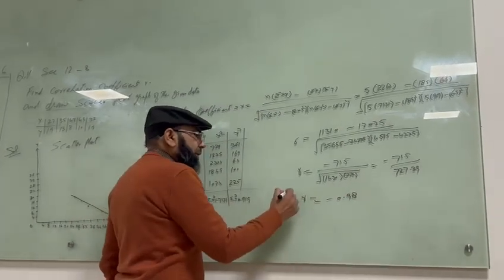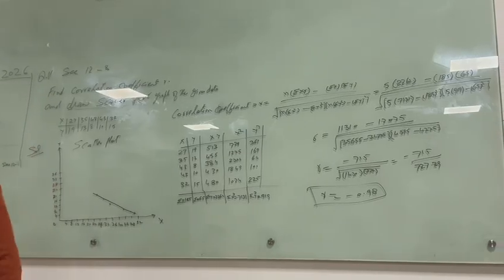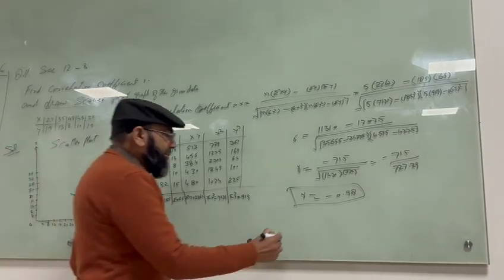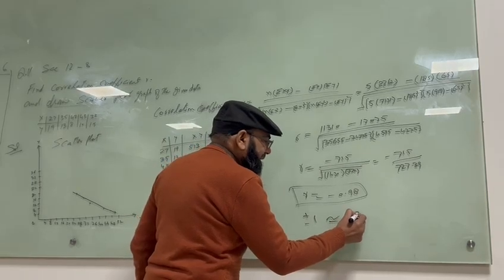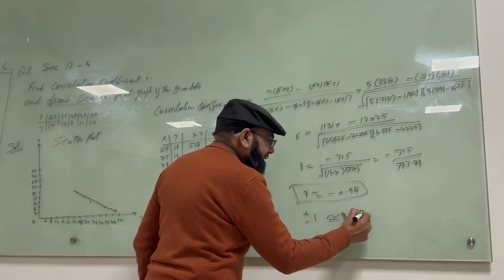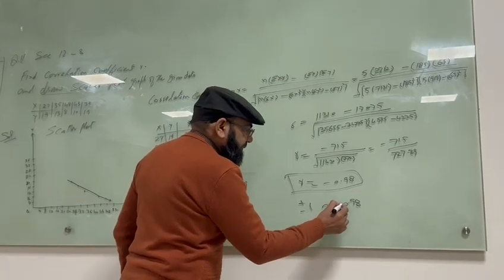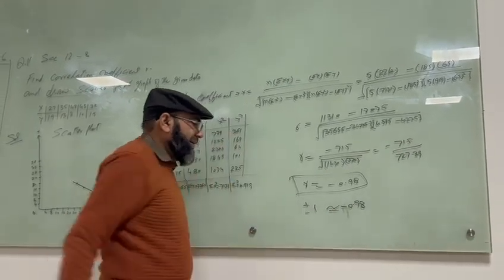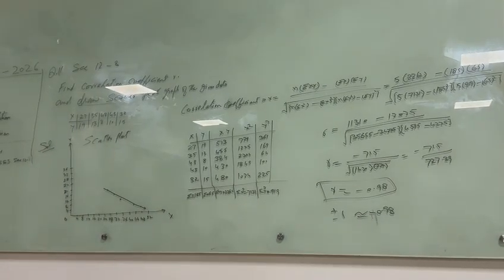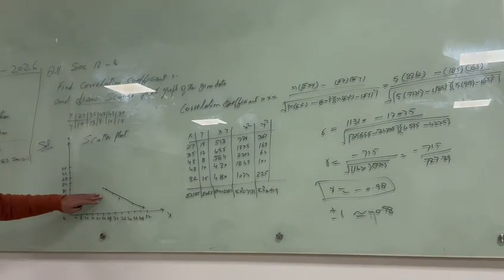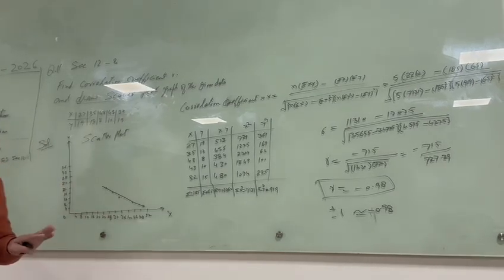So this is our value. What is our requirement? R lies between plus and minus 1. It is near 0, minus 0, near minus 1. It shows a negative slope. What do we see here in the scatter plot? A negative slope. So our R is correct.